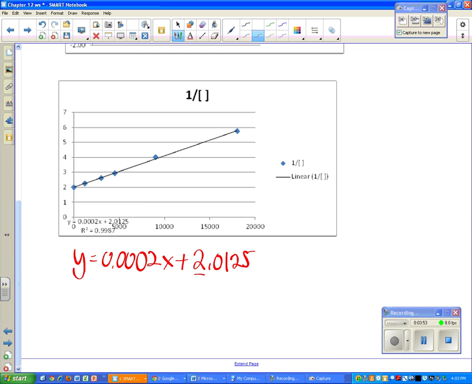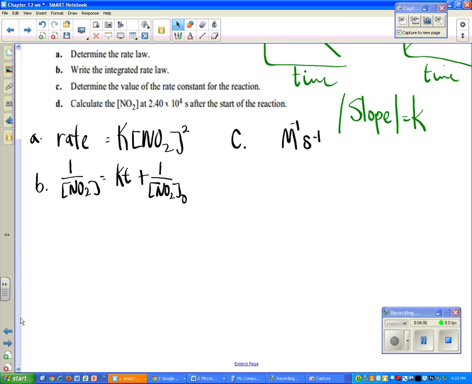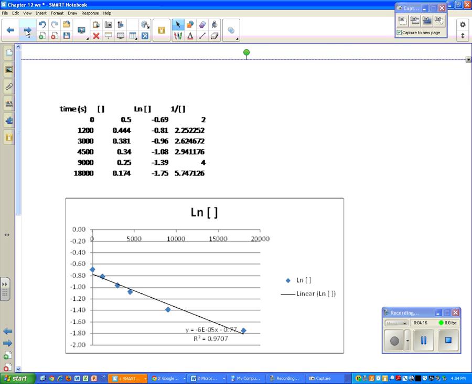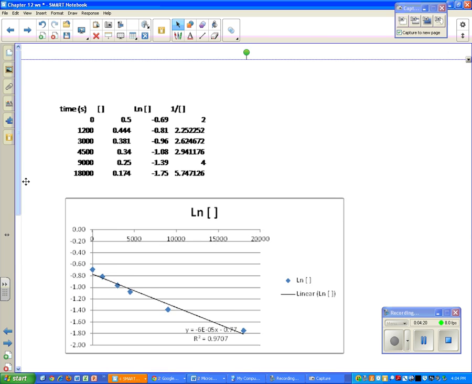If I look at my formula, y equals mx plus b, there is my rate constant. So much easier than the differential rate law. So my value here is 0.0002 molarity to the negative 1, seconds to the negative 1. Let me take another quick look because I want to make sure I did not lose a 0. Yep, 3 zeros and a 2.